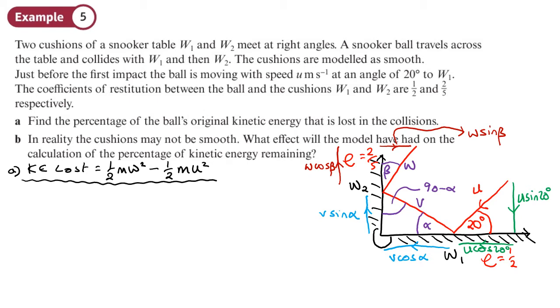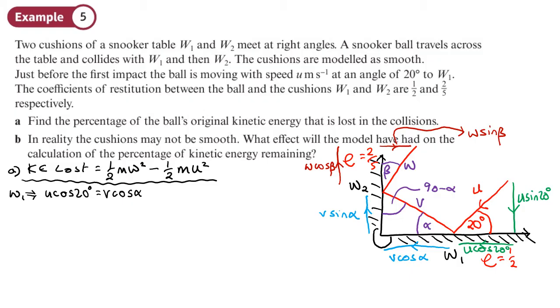So let's start with W1 and see what's going on with W1. We will look at the velocities parallel, which is going to be u cos 20 equals v cos alpha.